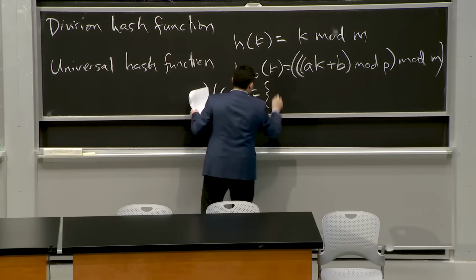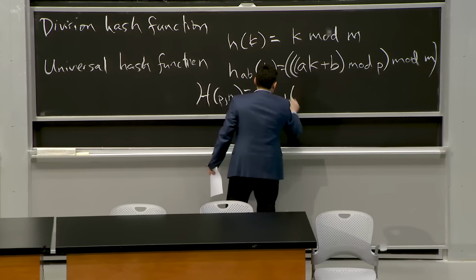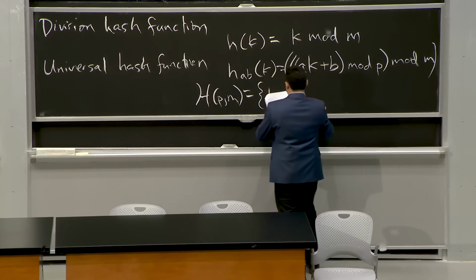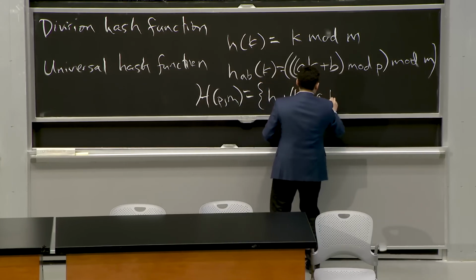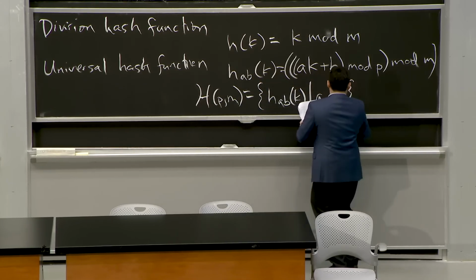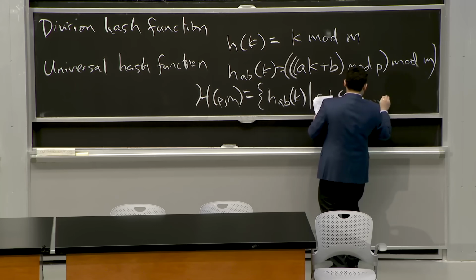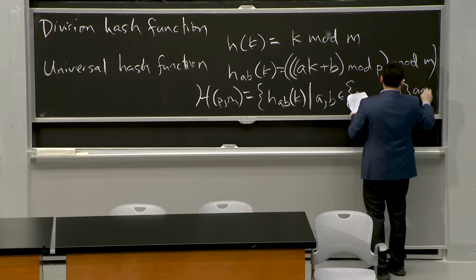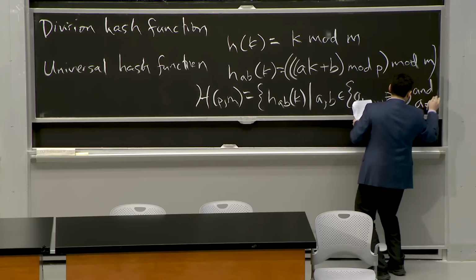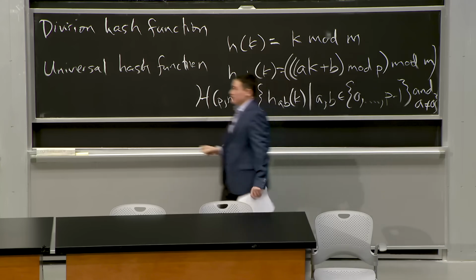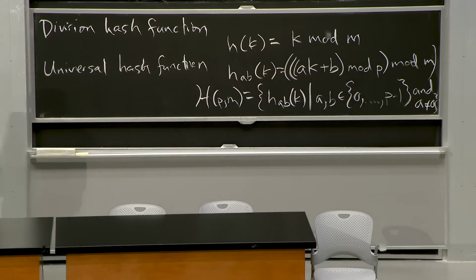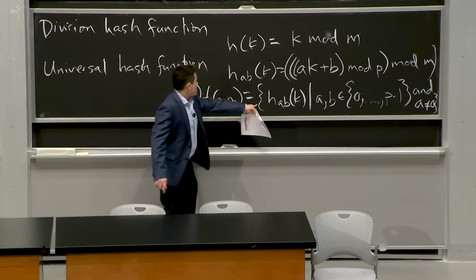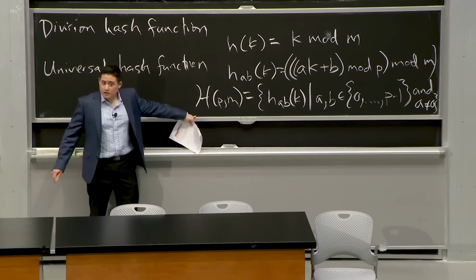which are this H_{A,B,K} for some random choice of A, B in this larger range. All right, this is a lot of notation here. But essentially what this is saying is I have a hash family, okay?